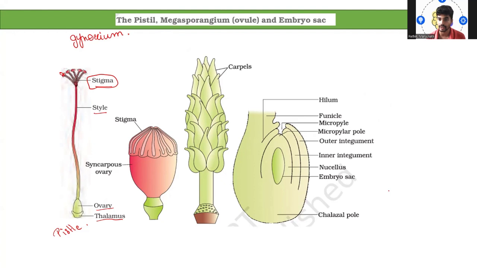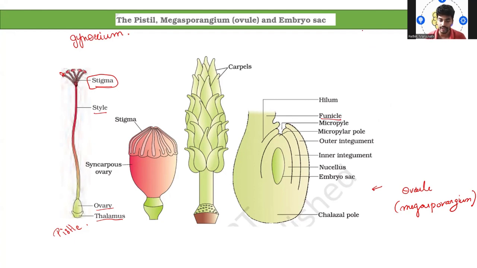Now I'm talking about the ovule. So the entire ovule is very small and it is attached to the funicle.